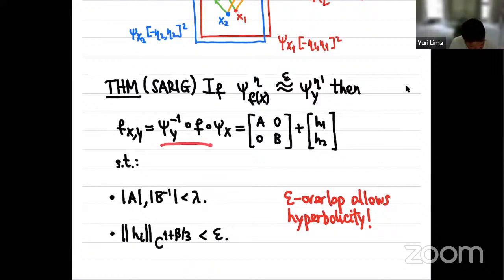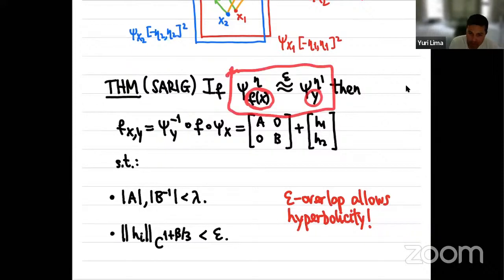Our idea is now to analyze F using two different passing charts, one at X and one at Y. To do that, we require not only that f of x is close to y, but that you have a passing chart at f of x close to a passing chart at y.